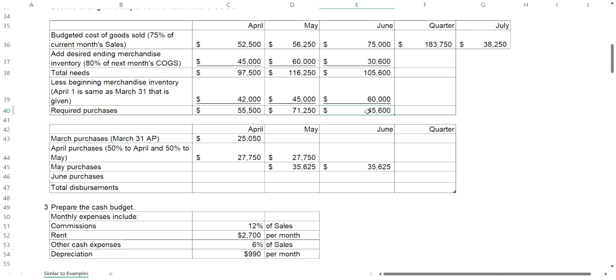Okay, June's purchases are $45,600. Half of that is $22,800, which will be paid in June. The rest of it will be paid in July, so that goes into the third quarter. Okay, now I just have to, in my quarter column, add the rows.